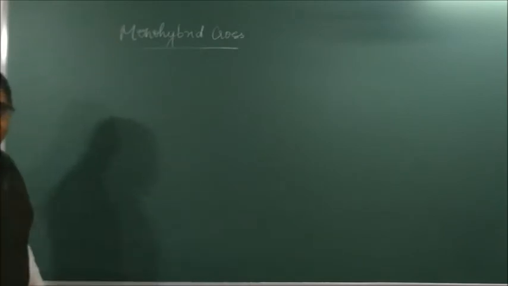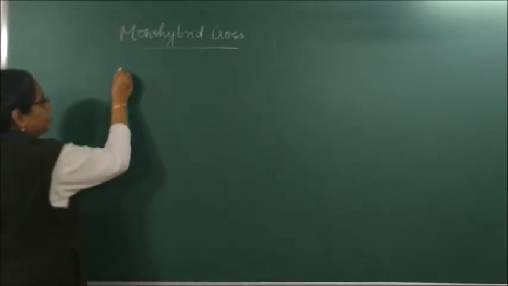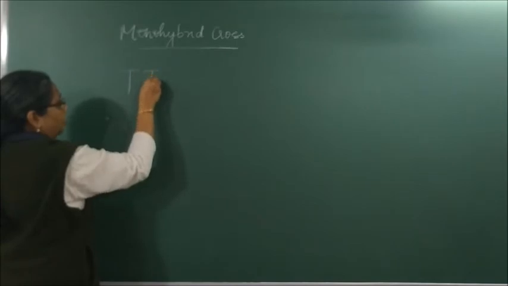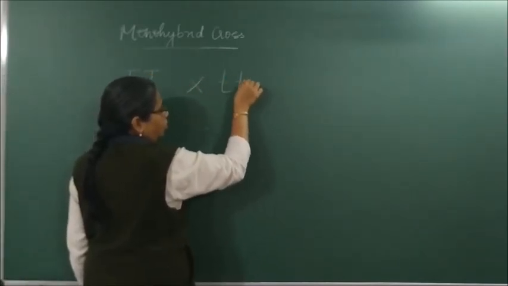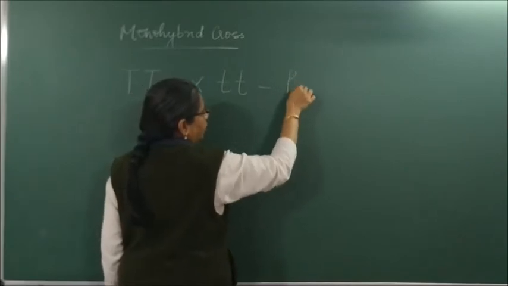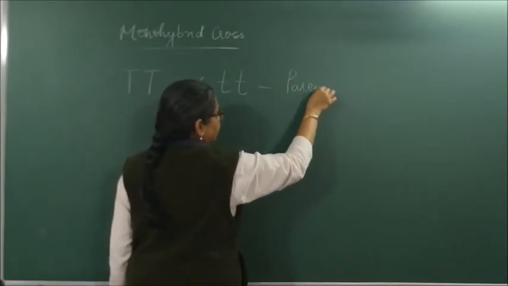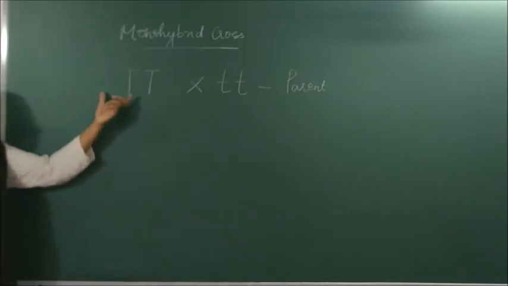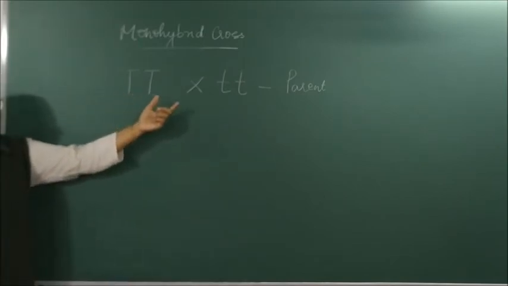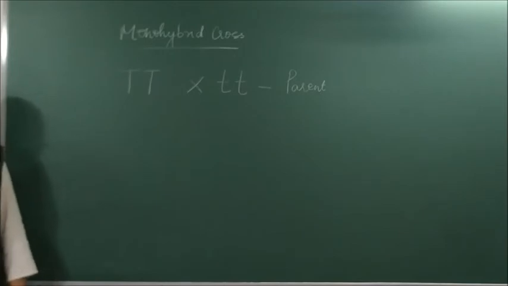In the pea plant, let us say we took a pure tall plant and crossed it with a pure dwarf plant. This is what generation? Parent generation. I took a pure tall plant and crossed it with a pure dwarf plant.